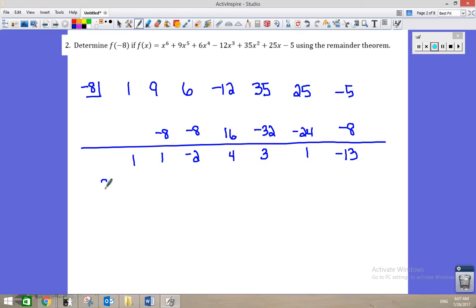So this function, when evaluated at negative 8, if you chose to substitute in negative 8 for x and do all of this arithmetic, you should get the same answer. If we get different answers, then there's a mistake somewhere, either in our synthetic division or in doing this arithmetic and plugging it into the calculator, probably.